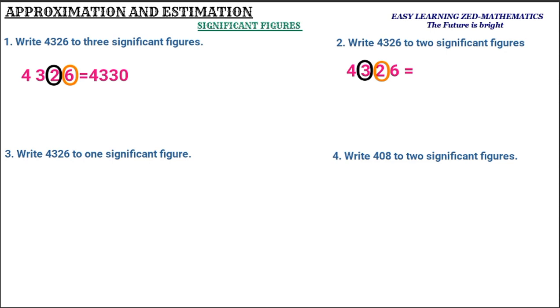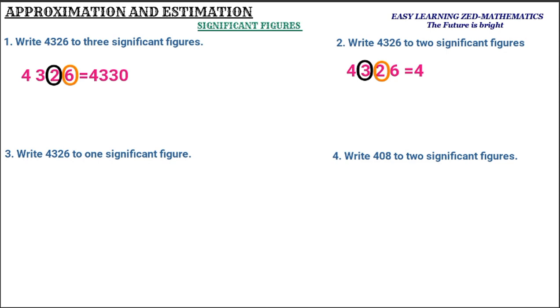So the number that has remained, which is not going to be tampered with, is 4, which I'm going to write on the other side of the equal sign. Then let's look at 2. Is 2 bigger than 5? No, it's less than 5. So when you are removing a number which is less than 5, you add 0 to the next remaining number.